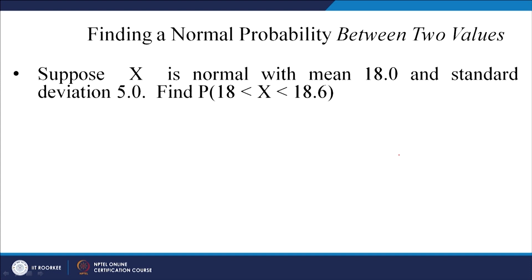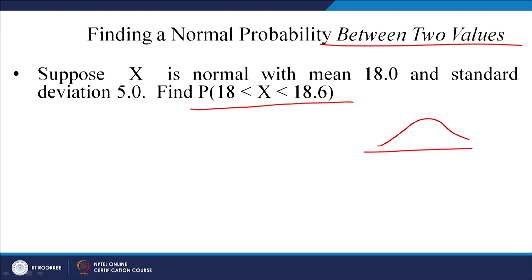Let us take a situation where we want to find the probability between two values, not in the upper tail. We will take the same example. What is the probability that the image would be downloaded between 18 seconds and 18.6 seconds? It means more than 18 seconds, but less than 18.6 seconds. So, this is your distribution, this is your mean 18 and this is your 18.6, right.